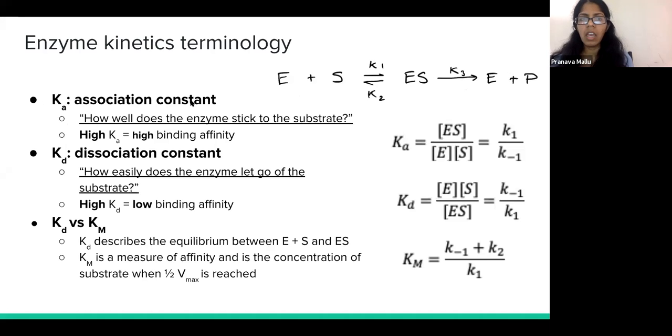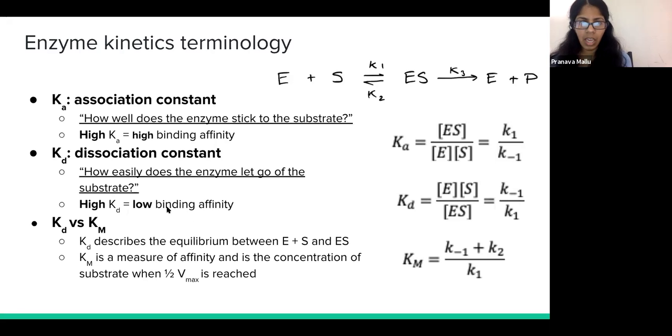Ka is the association constant. It shows how well the enzyme binds to the substrate, so it's a measure of its binding affinity. A high Ka is a high binding affinity. And Kd is just the opposite of that. It says how easily the enzyme lets go of the substrate, so a high Kd means a low binding affinity.